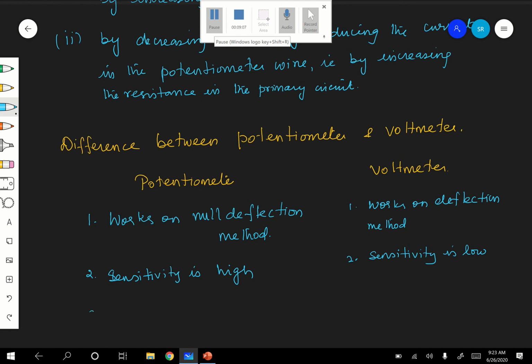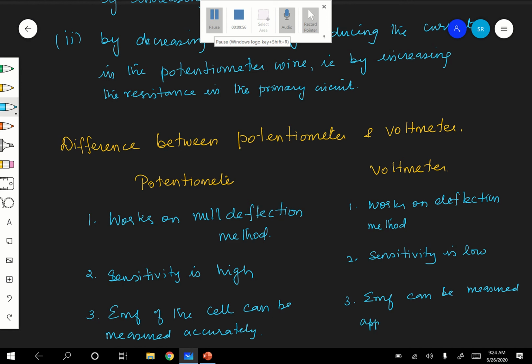Then the third one: the potentiometer measures the EMF of the cell very accurately. But with the voltmeter, the EMF can be measured approximately only.